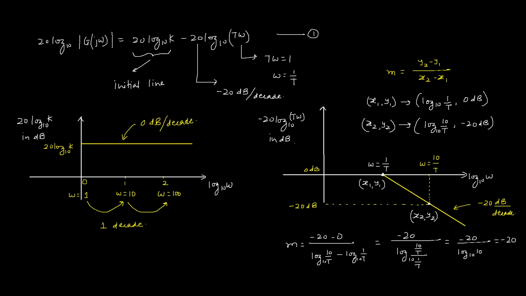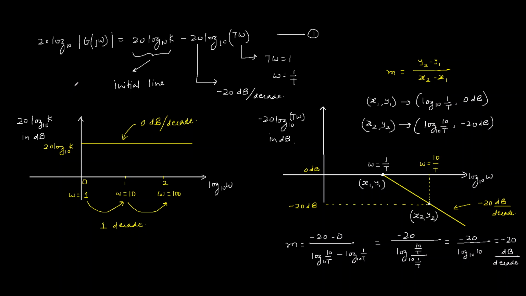So slope is minus 20 dB over decade, or minus 20 dB per decade. So in this way we can find out the slope of line. Slope is negative, it means when frequency is increasing, magnitude is decreasing.